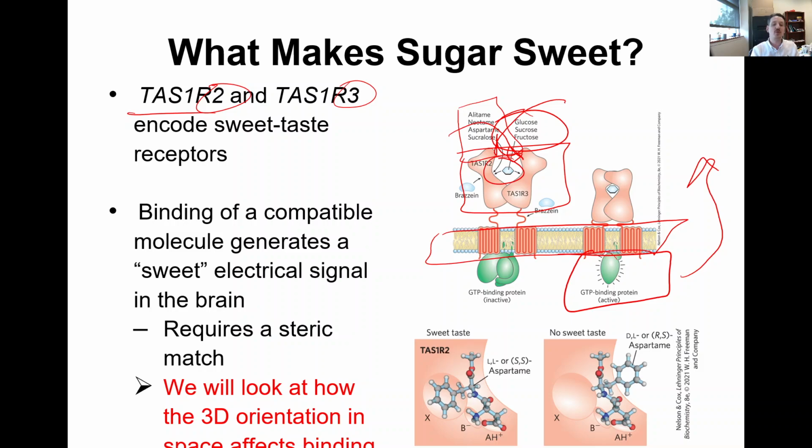And one of the key things we'll be looking at actually is chirality. Between the L and the D version of aspartame is going to influence whether or not that molecule is going to bind to the binding pocket of the protein, and whether or not that ligand is going to bind correctly to stimulate the downstream response.